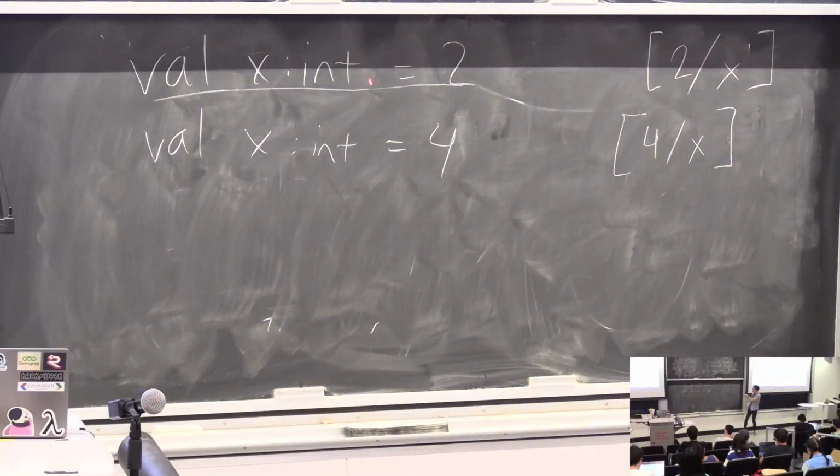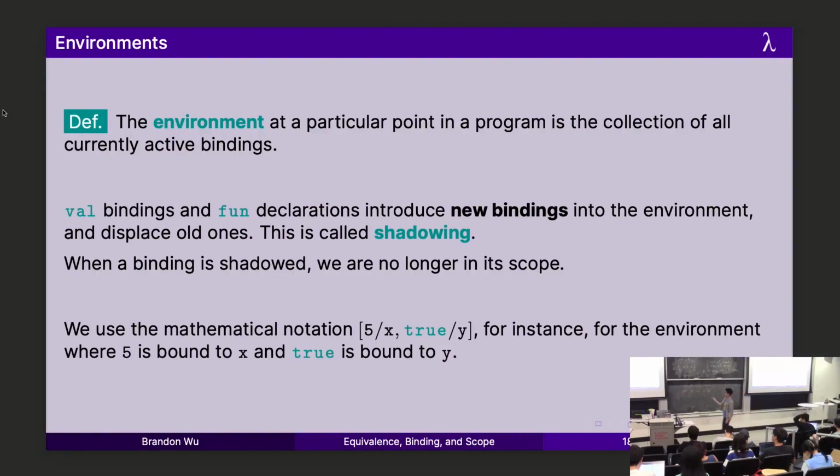This binding is no longer visible. It's no longer in my environment because I kicked it out and I replaced it with 4. We like 4 better. So we are no longer in that variable scope once we shadow it. And this is our notation. So for instance, if 5 was bound to x and true was bound to y, you'd see that one instead. Any questions?